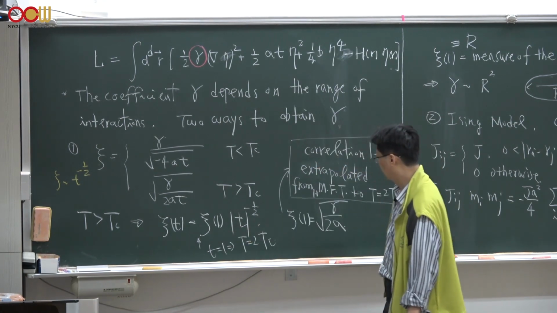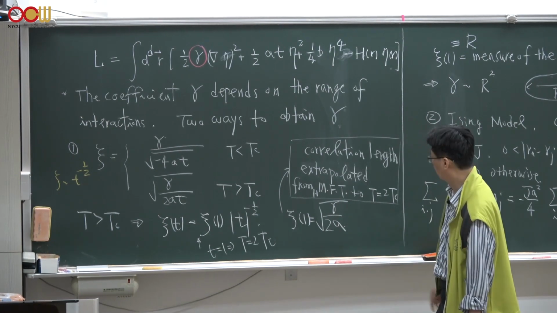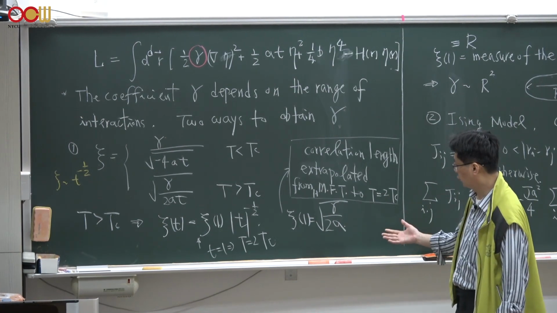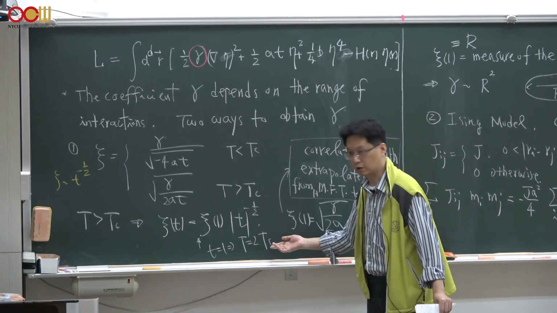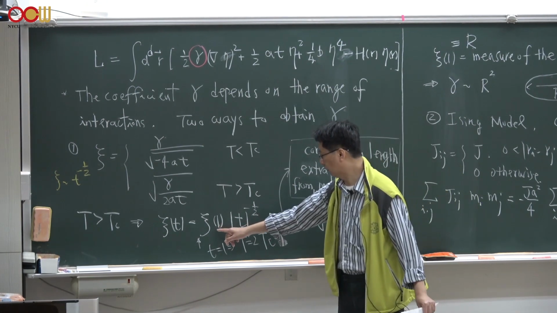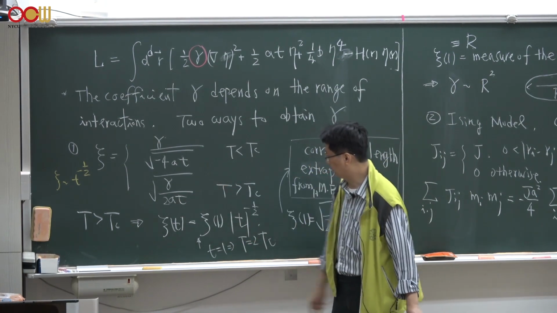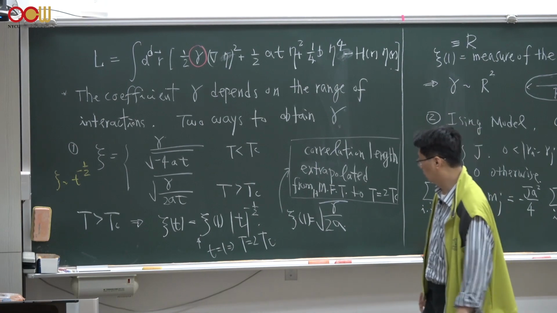This refers to the correlation length extrapolated within mean field theory to a temperature twice as large as Tc. Because Xi of 1 is precisely this prefactor, square root of gamma divided by 2a, when little t is 1.